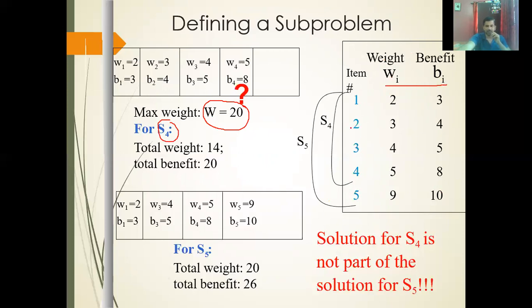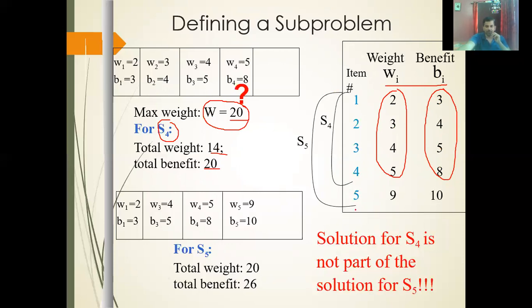The total weight, summing these items, is 5 plus 4, 9, 9 plus 5, 14. The total benefit is 8 plus 5, 13, 13 plus 4, 17, 17 plus 3, 20. The benefit is 20, and the total weight is 14, which is less than or equal to the size of the knapsack, W.